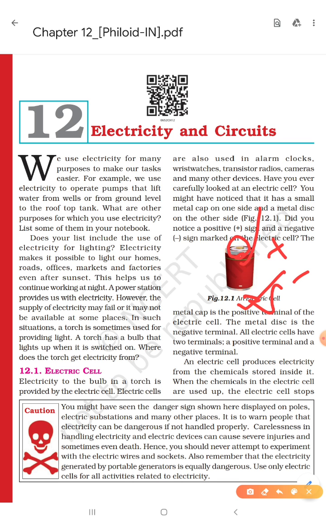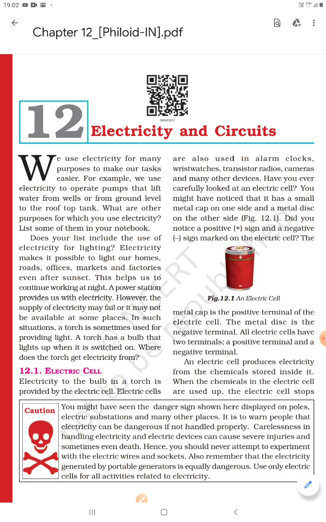Remember this: the metal cap is the positive terminal of the electric cell, and the metal disc is the negative terminal. But you will find that there is a positive sign on the metal cap and a negative sign on the metal disc. No problem in that. So we can say that all electric cells have two terminals, a positive terminal and a negative terminal.